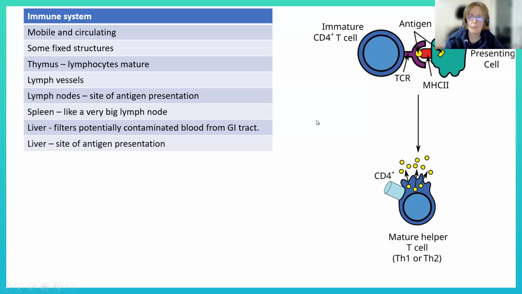So let me just remind you of what's going on there. Just got to move a little box so I can see what I'm talking about. So we have done this before, but just to remind you.